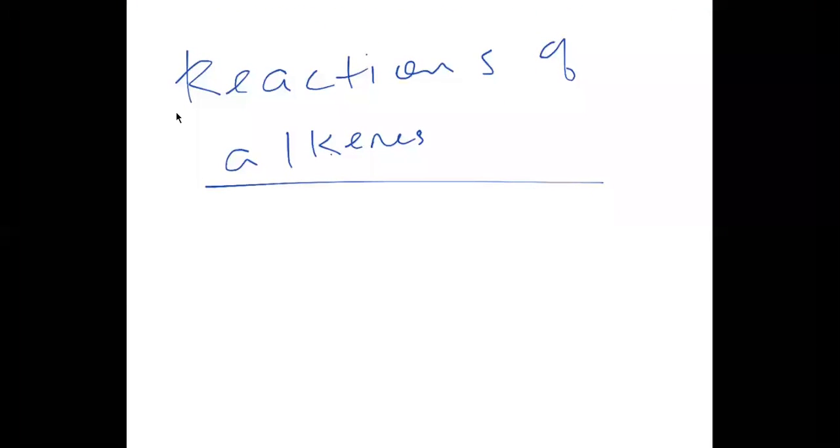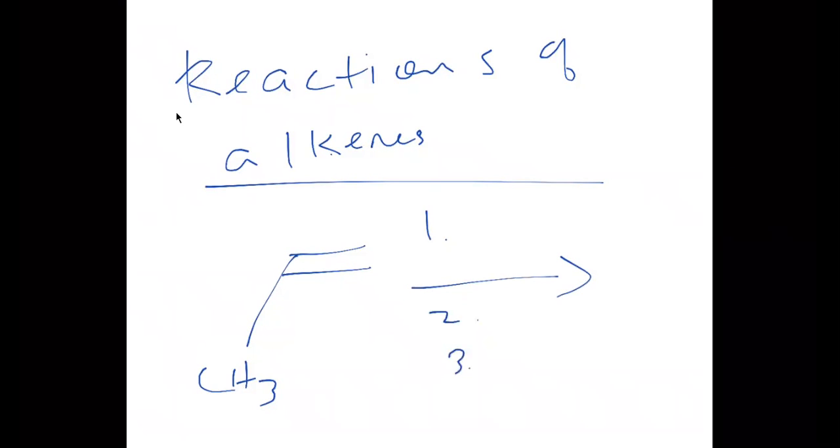I'm just going to give a real generic example. Right, so this is my alkene. Sometimes you'll see it written like this. If it's more than one step or more than one transformation that has to happen, or more than one set of reagents, sometimes you'll see it written like this, right? Where you have one and then two, so this is like a sequence. You'll see it written like a sequence.